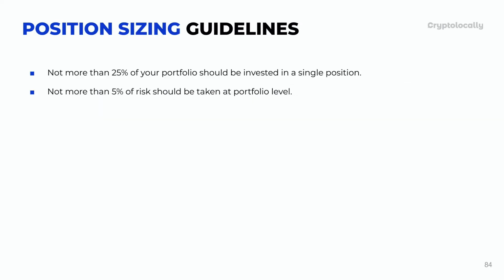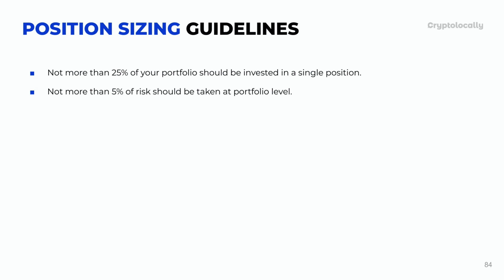So guidelines to position sizing. I told you that when you have $100 or when you have $1,000 in your account, you don't want to be leveraging, or you don't want to be using the whole $1,000 as collateral to take a position. For someone that has $1,000 in their account, the trader must not use more than 25% of his total portfolio, which is $1,000, to take a single trade.